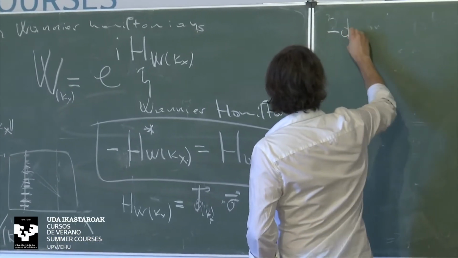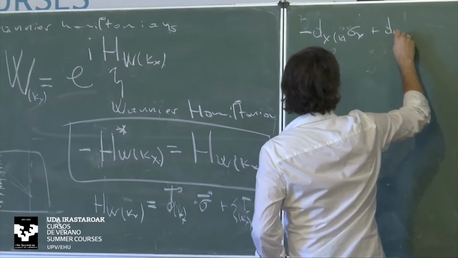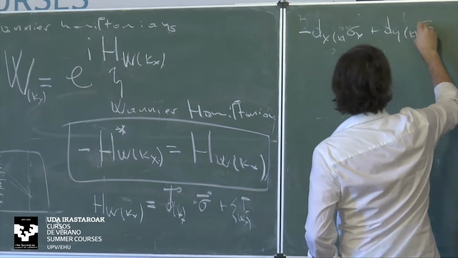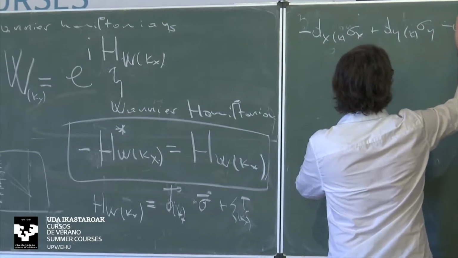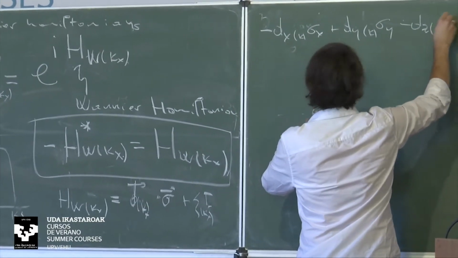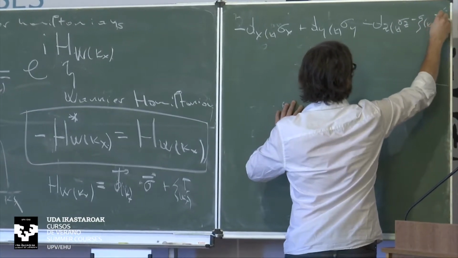So minus dx of k sigma x plus dy of k sigma y. This k is kx, I'm not rewriting it. Minus dz of k sigma z minus epsilon of k identity.